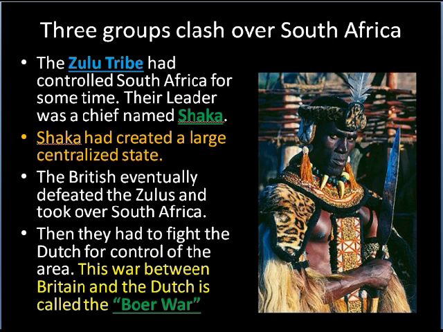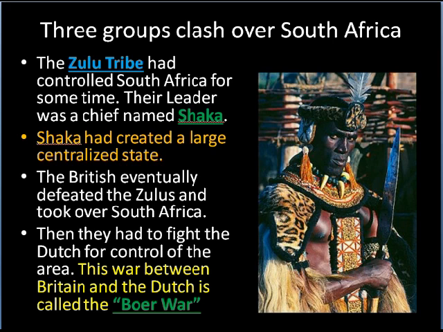I say took over because they beat them, of course, but this actually becomes a problem because guess what? The British are not the only Europeans there. The British actually had to then fight against the Dutch, who had come to South Africa before they had, and they were going to fight the Dutch for control of what we now know as South Africa. This war between Britain and the Dutch is called the Boer War.